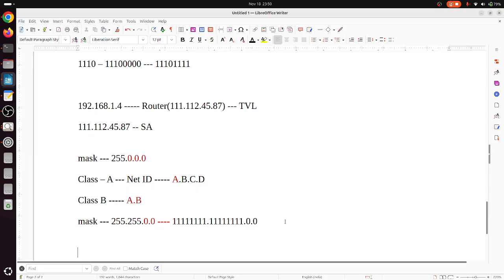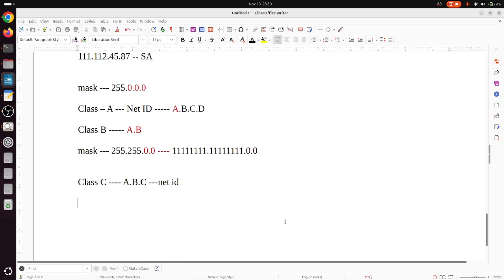And when I go with class C, A.B.C has the information about the net ID. So the mask will be 255.255.255, since the first three sockets give the information about your net ID, and the last one gives the information about your host ID, which varies from host to host. So this will be your mask.